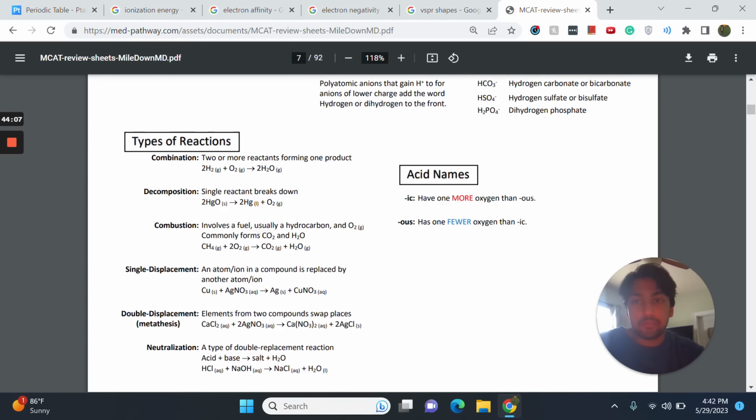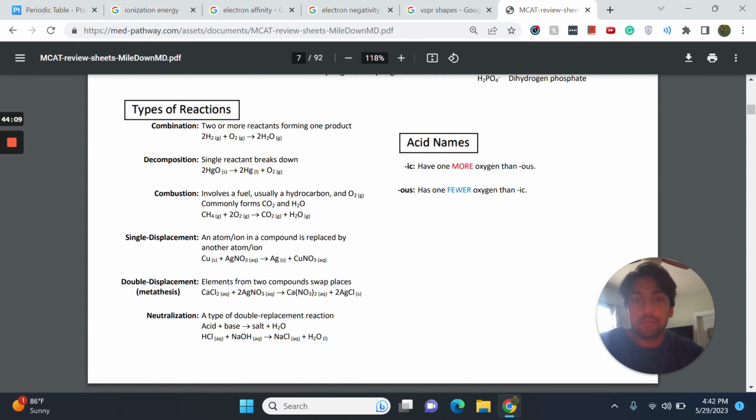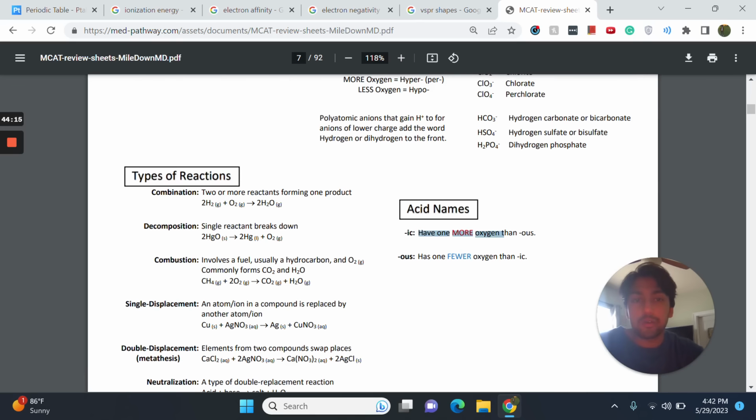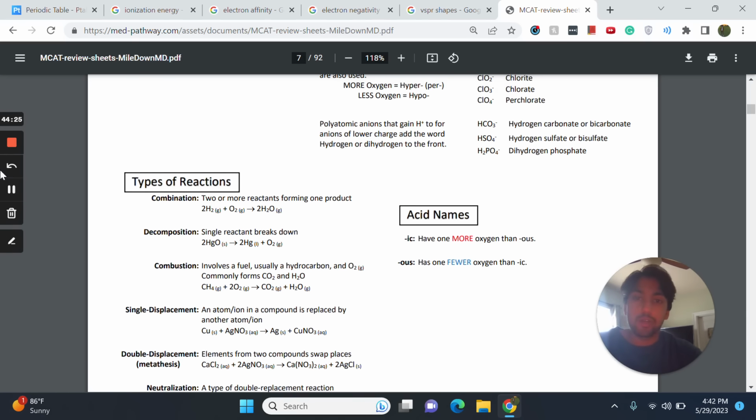Okay. And the next thing that you kind of have to remember is, when you're looking at an acid, -ic is when you have more oxygens and -ous is when you have fewer oxygens.